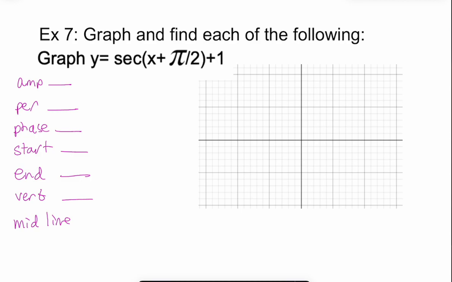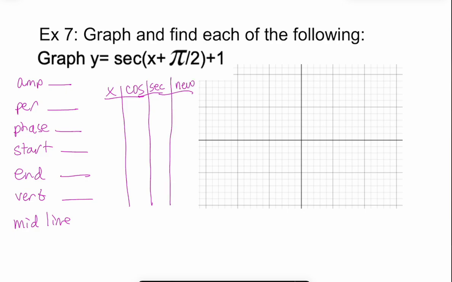We're going to do a chart for our cosine value, and then we'll do a chart for our secant, and then a chart for our function. So we do have a little bit more to think about.